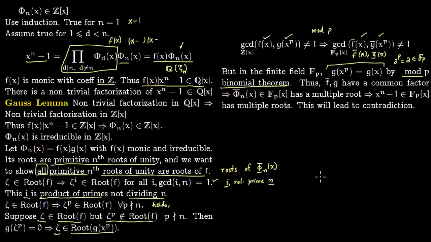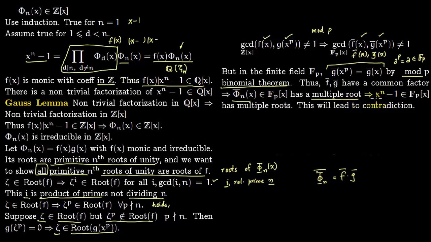Now this phi_n bar is a product of f bar and g bar. Now if they have a common factor, this common factor gets multiplied. So this becomes a multiple root of phi_n bar. So phi_n bar in this finite field has a multiple root.